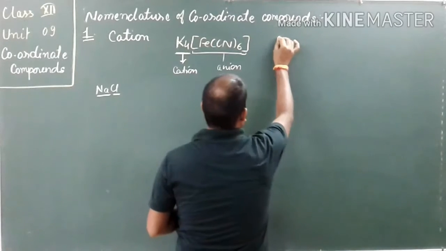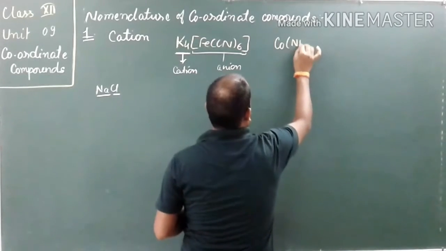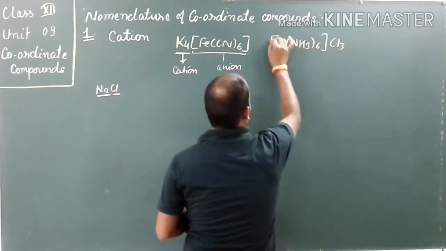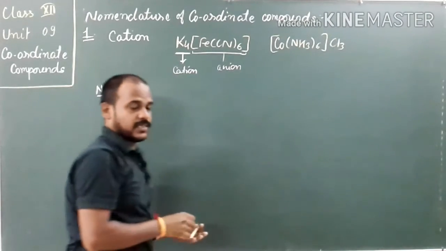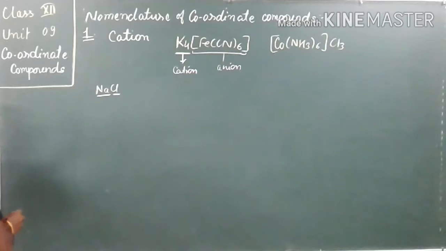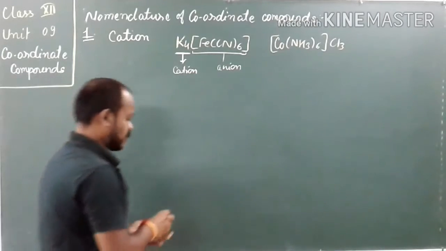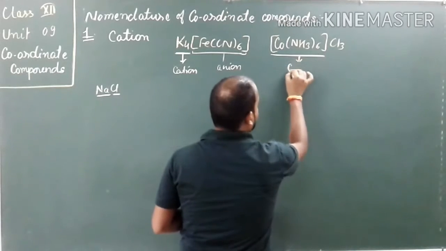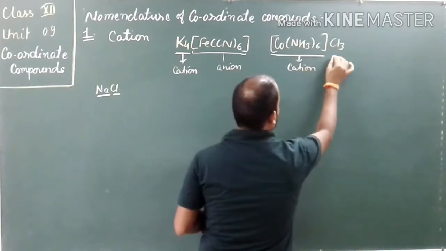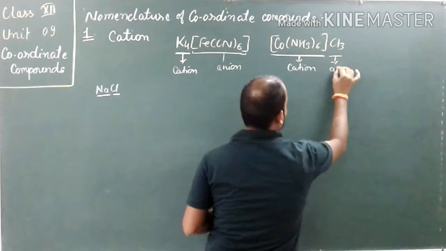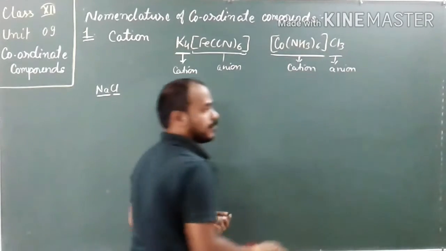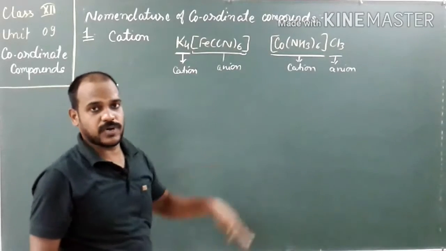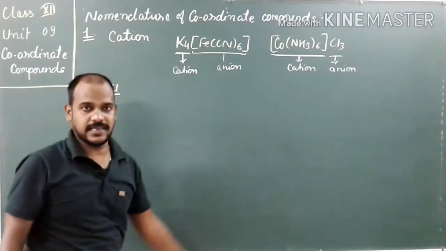If the compound is [Co(NH3)6]Cl3, this is a coordination compound. Here, what will we do? This one is the cation and this chlorine is the anion. Why? Because I have told you that the entities present inside the square bracket cannot be ionized.